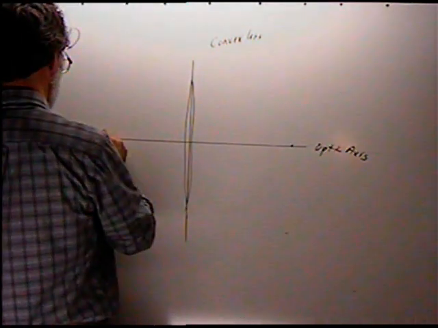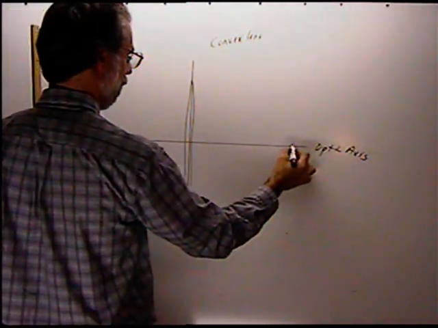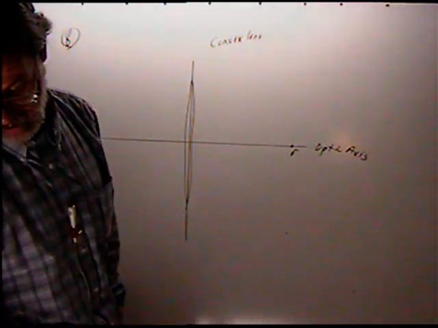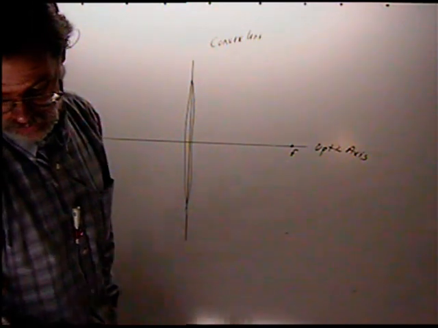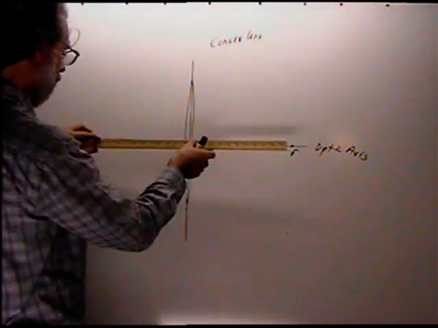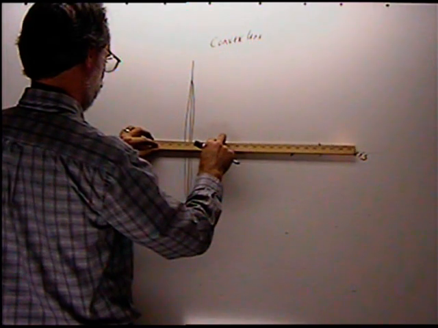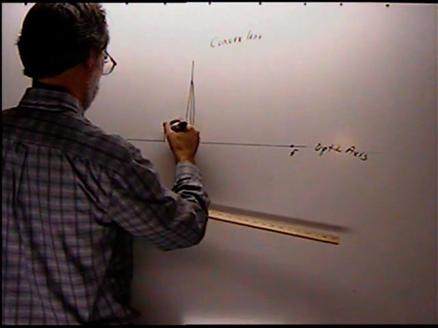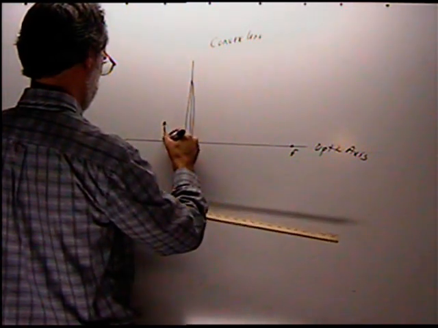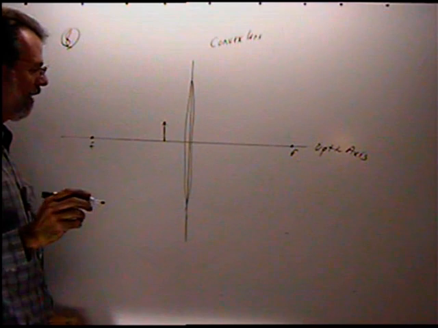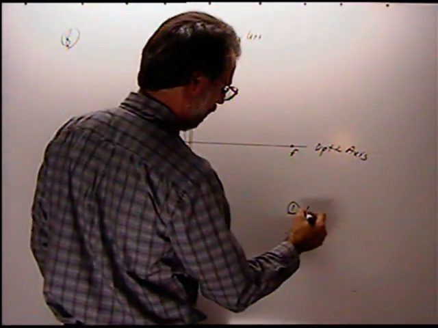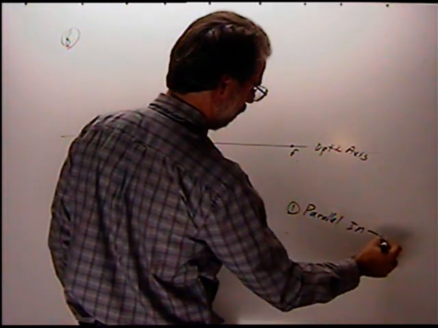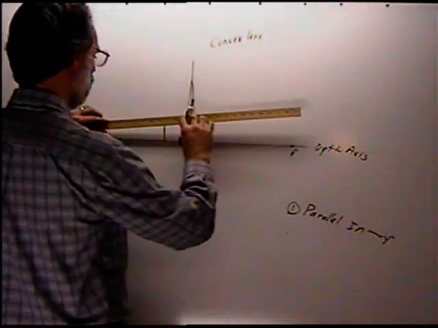So there's a focal point here and a focal point here. And the object is 3 centimeters to the left of the lens. Okay, now the first ray, ray number 1, is parallel in and it goes through the focal point.